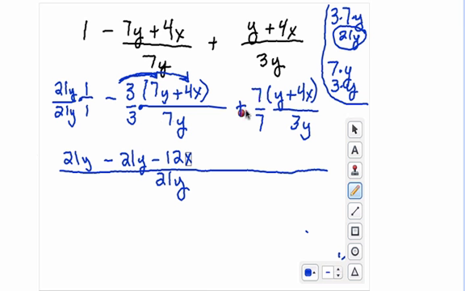And then we're going to come over here and add this next value together, and we're going to distribute the 7 through. So we're going to say plus 7y plus 28x.